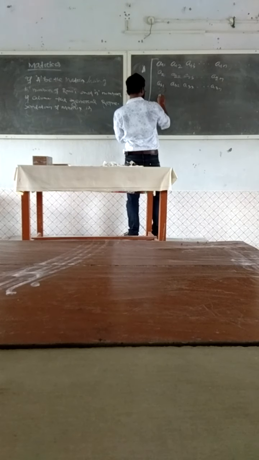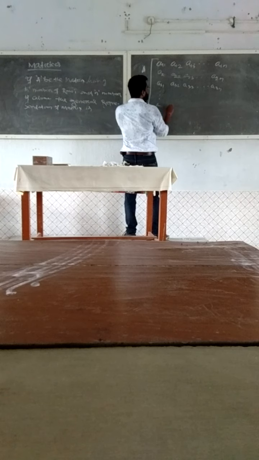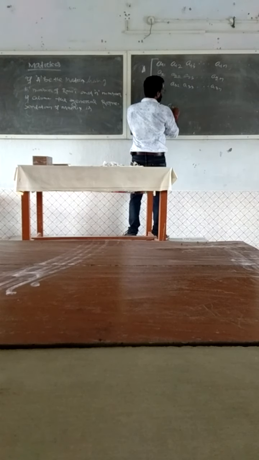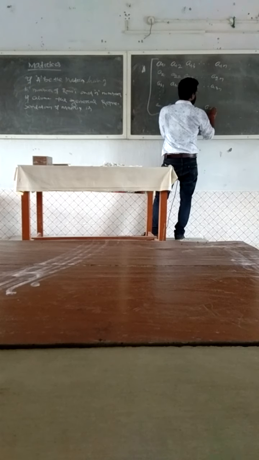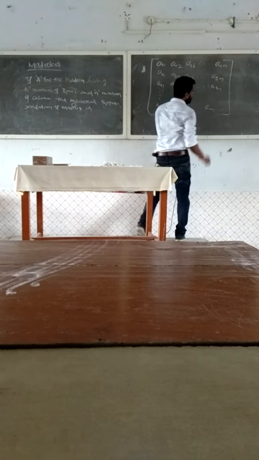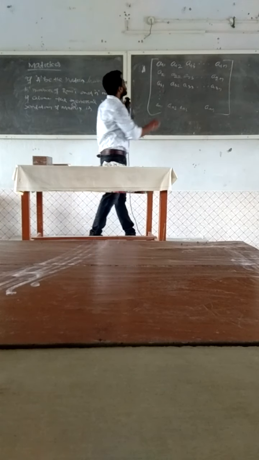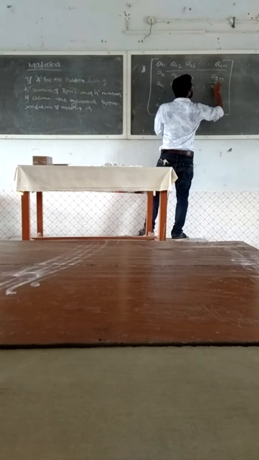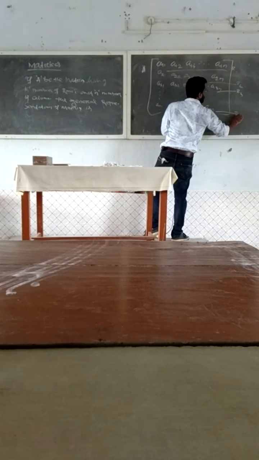The mth row is Am1, Am2, Am3 up to Amn. So the matrix has m rows. This is row 1, row 2, row 3 up to row m.